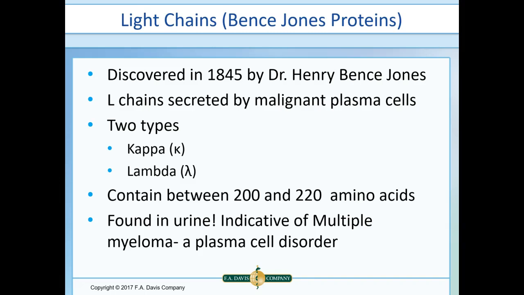So if somebody has abnormal amounts of protein in their urine, usually we can go on and do electrophoresis of their urine to see if this is present. If they do, it's indicative of multiple myeloma, which is a plasma cell disorder. That is incredibly important.